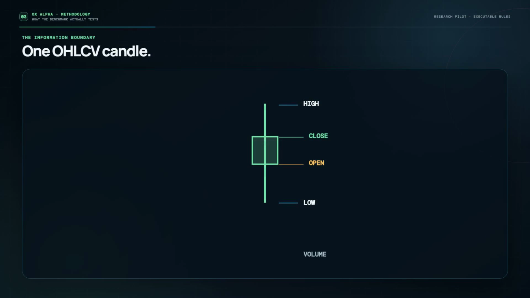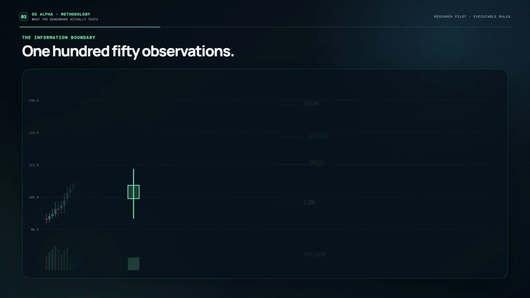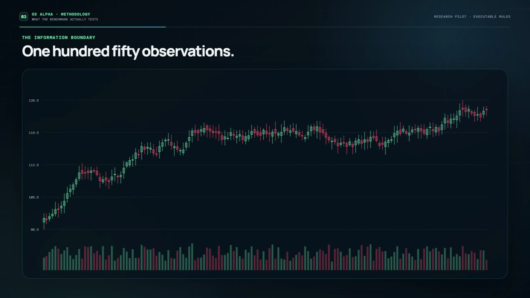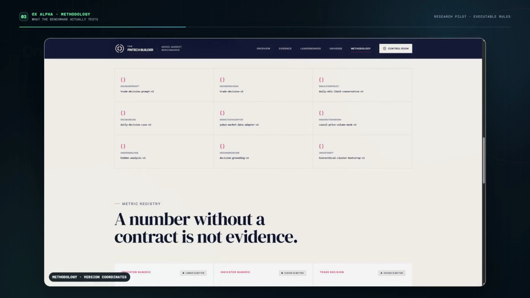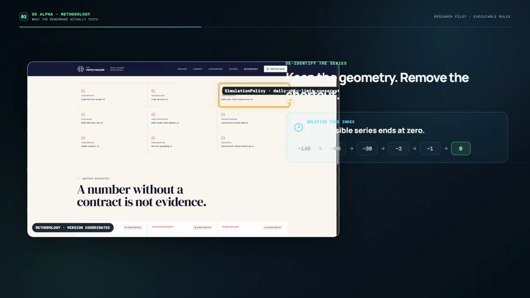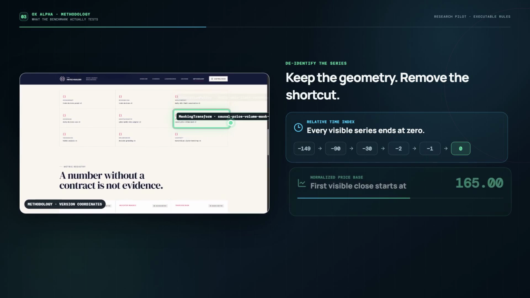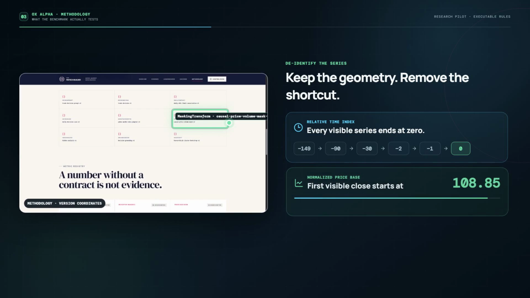Here's how the data works. The model only sees OHLCV candles, open, high, low, close, and volume, up to a strict cutoff point. It never sees the future. We also convert all dates into a relative number, ending at 0, and normalize prices to start at 100.